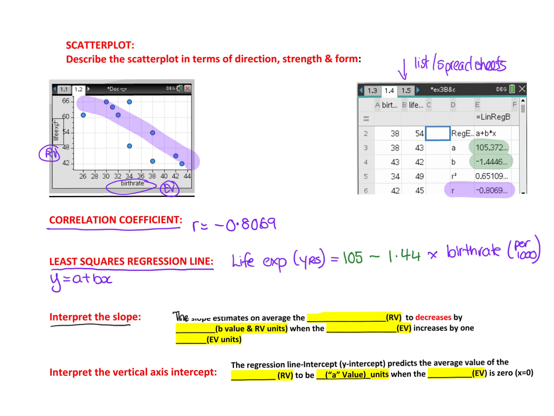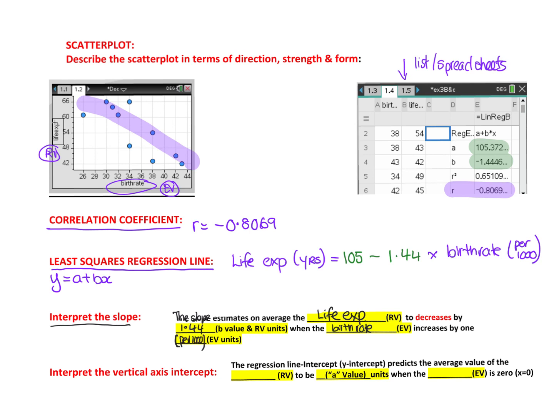So the slope estimates that on average the life expectancy decreases by the B value, so 1.44. Now we don't need to put the negative there because the word decreases indicates negative. So decreases by 1.44 when the birth rate increases by 1 per, and you might just put in brackets the per thousand, the units for EV.